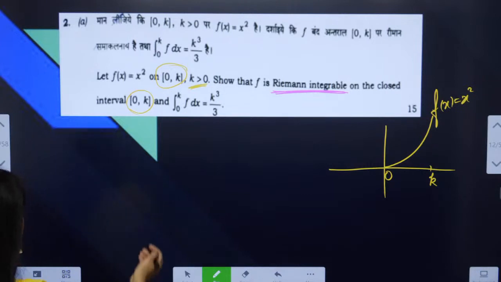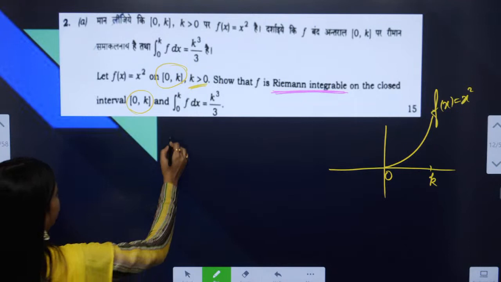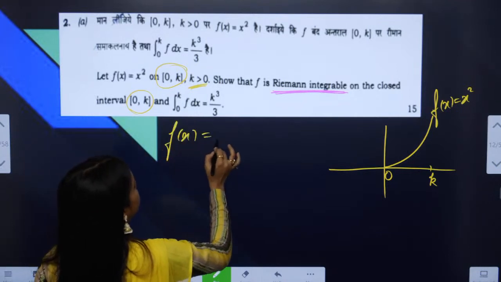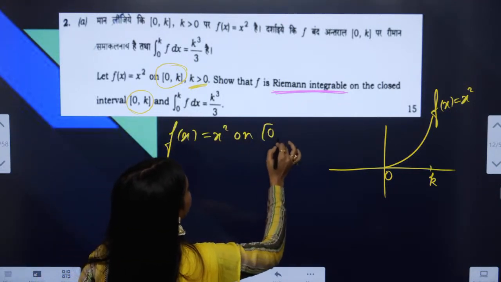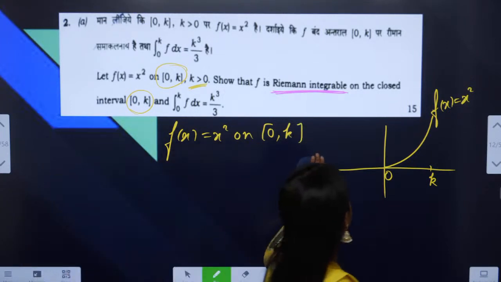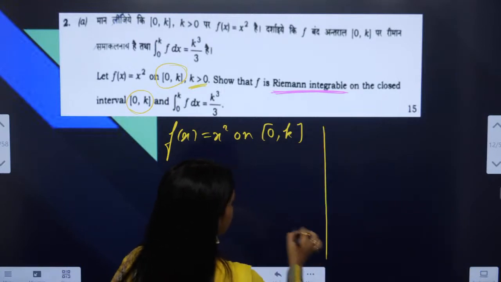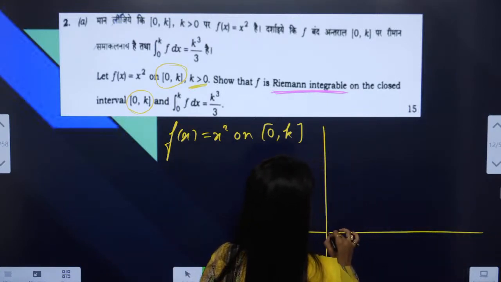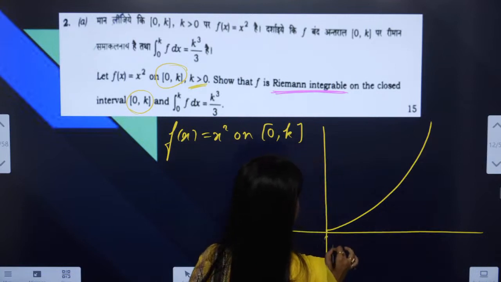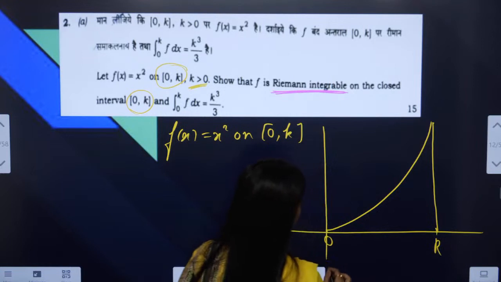So, how to do that? f(x) is equal to x square on 0 to k. The first job is to make a partition. This is 0, this is, let's say, k. First job is to make a partition.